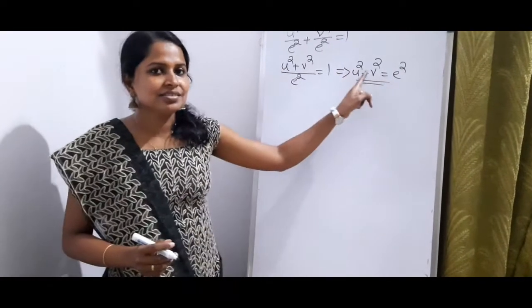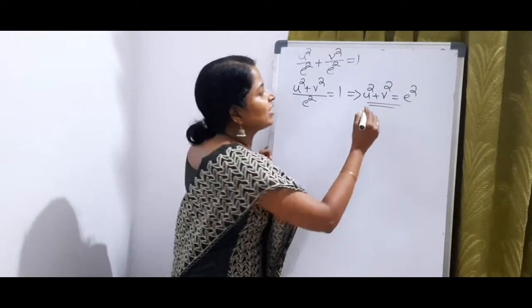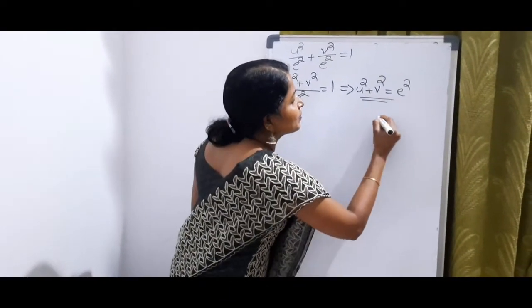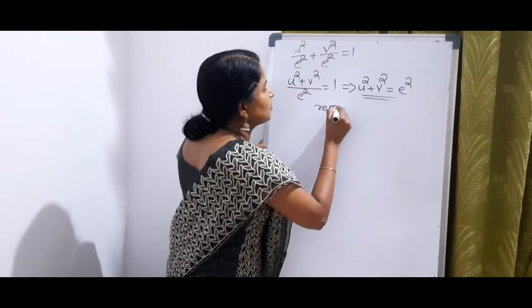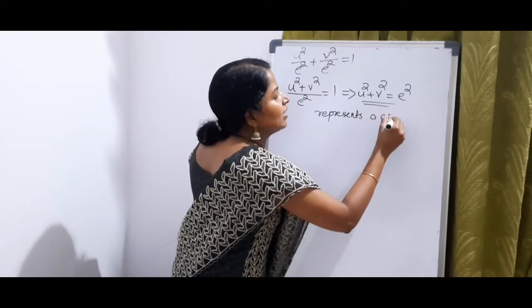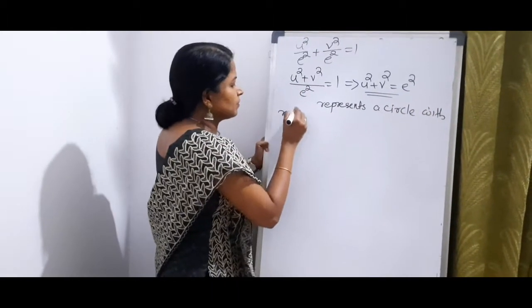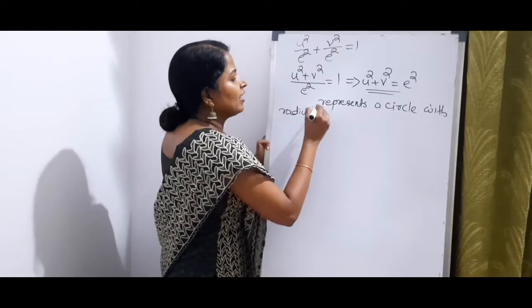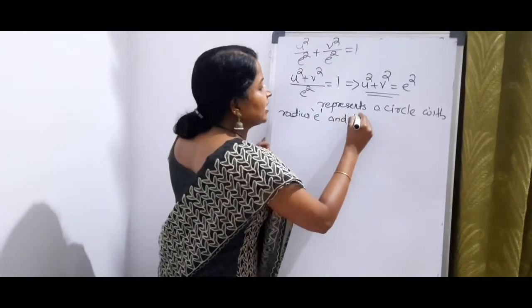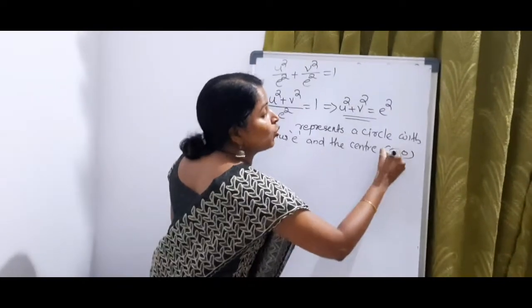Which represents again a circle with radius e and the center 0, 0, the origin.